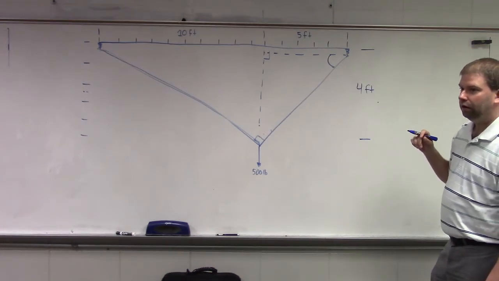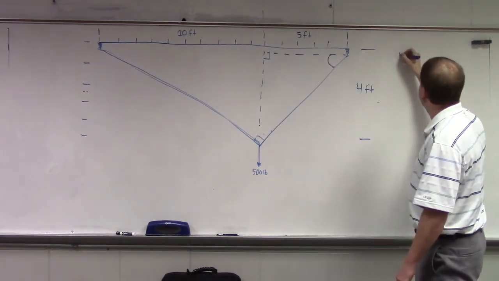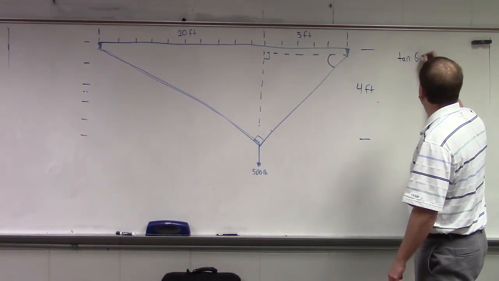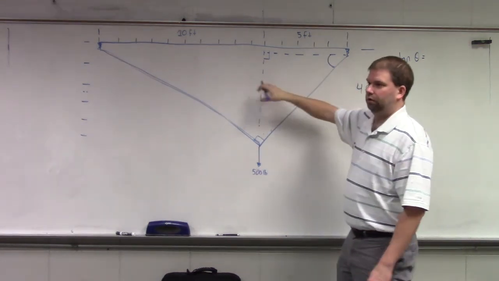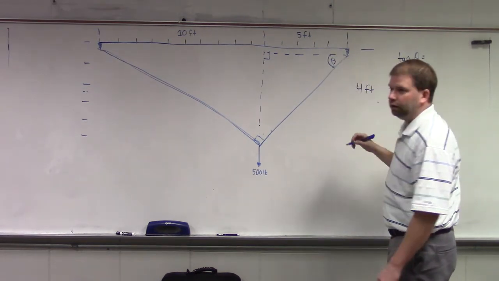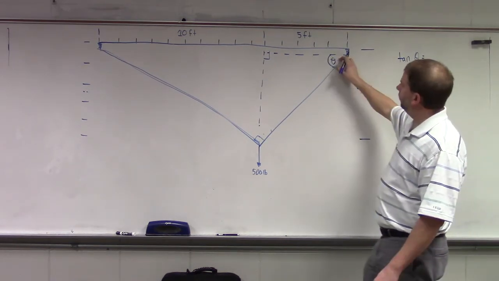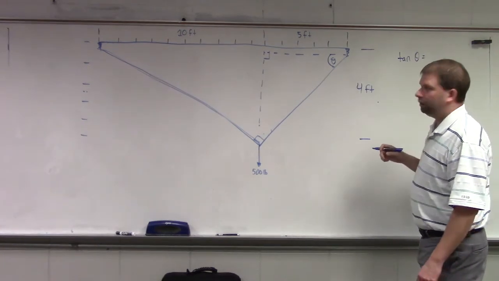Let's see, we could use tangent, right? It should be 5 feet over 4. Or you need to use the inverse of tangent, yep. But if we're calling this angle theta, what's our setup for tangent when we're solving it? 4 over 5, no, 5 over 4.